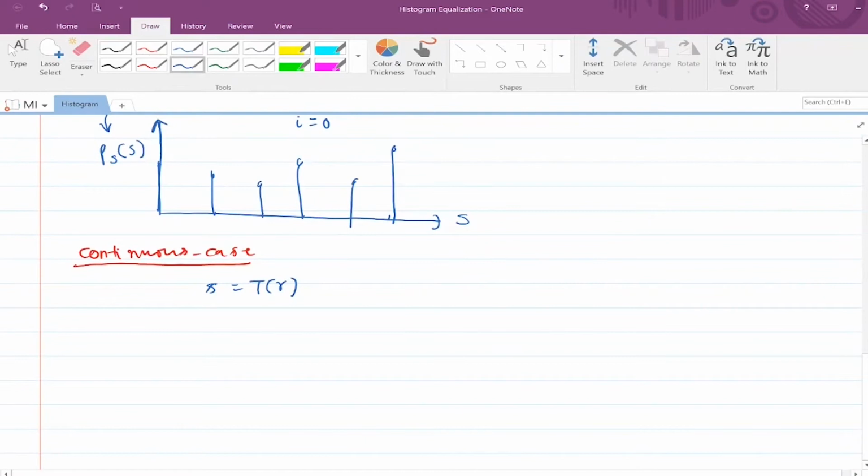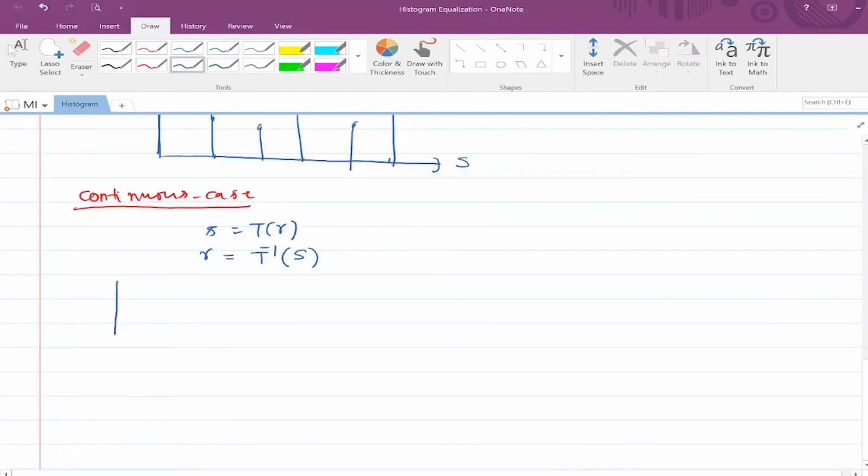We also assume that the inverse transform exists, by which we mean you could get r as T inverse of s, which means your mapping function is strictly monotonic. And for a given r value, PR of r is a probability density function, and s also results in a probability density function.